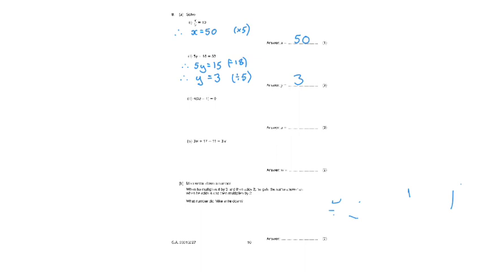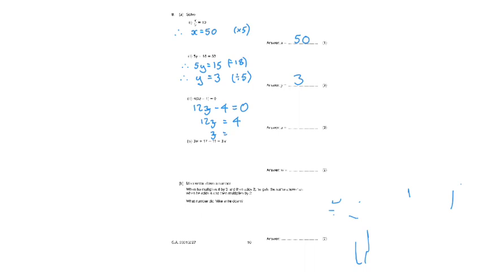Okay, and this one, 2 ways to do this. Most people tend to prefer the multiplying out first, so 12z minus 4 equals 0. Yeah, that's my z's. So 12z equals 4 if you add 4 to both sides.